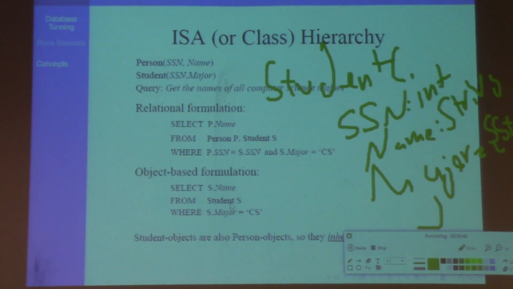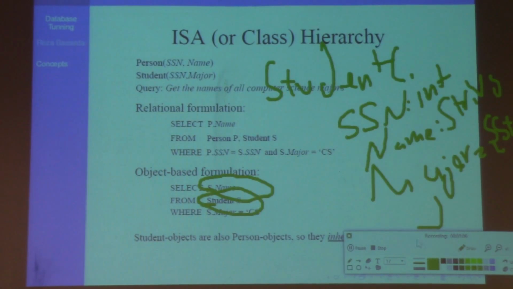So in this case, if you want to look for computer science students, the only thing you need to do is, when you want to extract the name, you need to specify this path here, the name of the student. This is the attribute you are interested in, from the set of student objects.